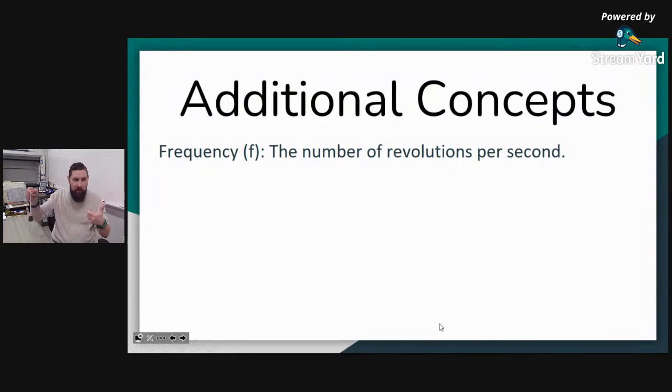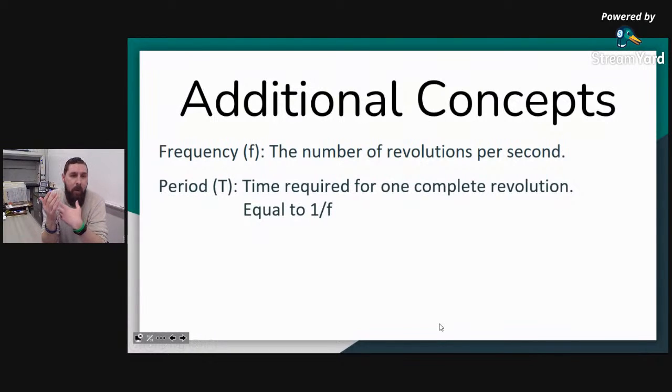Okay, so I would start my timer and say, all right, 1, 2, 3, 4, and count up, say 10 revolutions, stop the timer, and see how long it took to take those 10 revolutions. Then I can divide. So, for instance, if I got 5 revolutions in a time period of 10 seconds, then I would have 5 divided by 10, or half a revolution per second. Okay? So that would be my frequency.